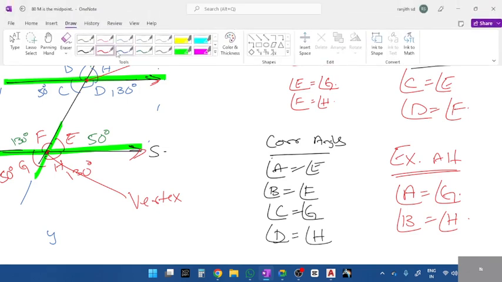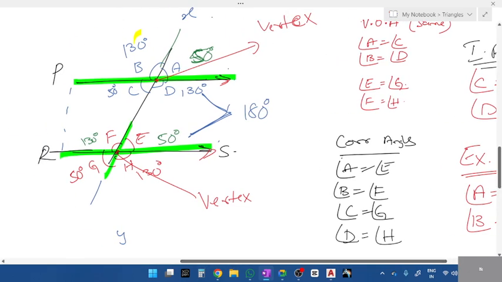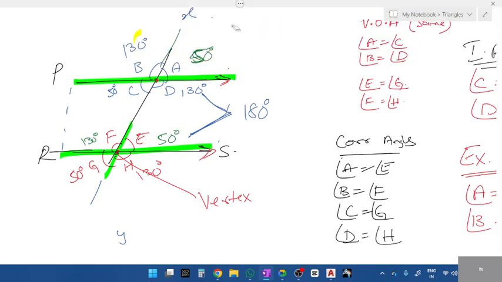Then the last concept is allied angles. So what is the sum of D and E, students? If I add these two, what am I getting? 50 plus 130, 180, right? Remember this. Okay, look at the other side.